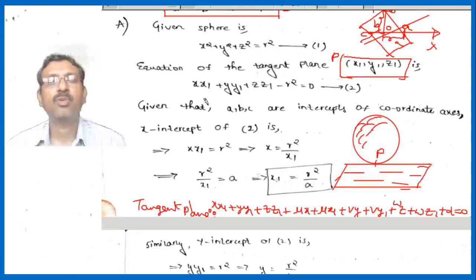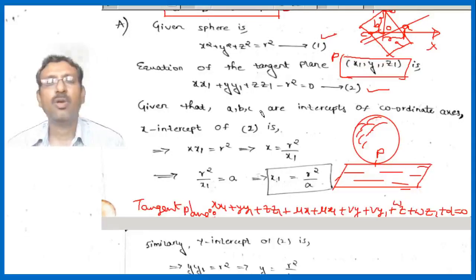Therefore, taking u, v, w as 0, we write the tangent plane x x1 plus y y1 plus z z1, here d is minus r square, equal to 0. This is the equation of the tangent plane at P to the given sphere, equation 2.